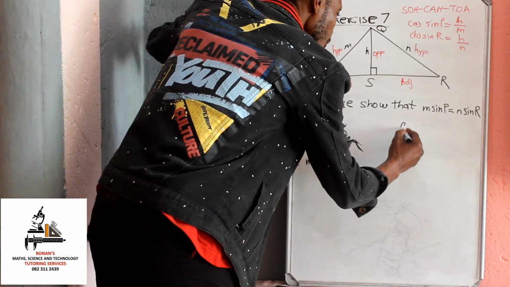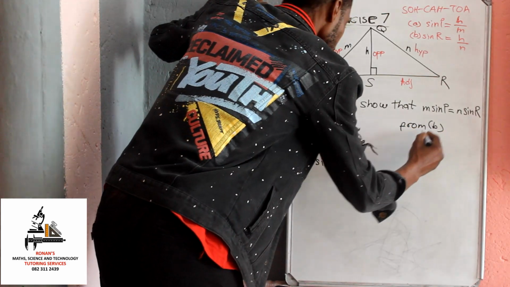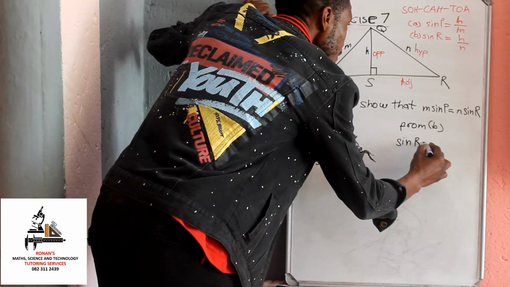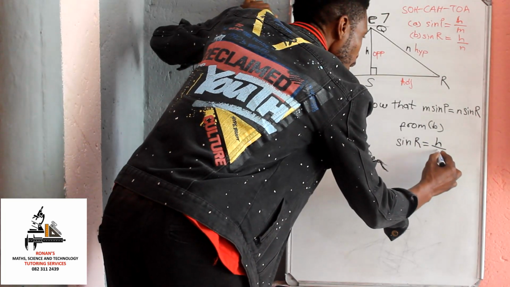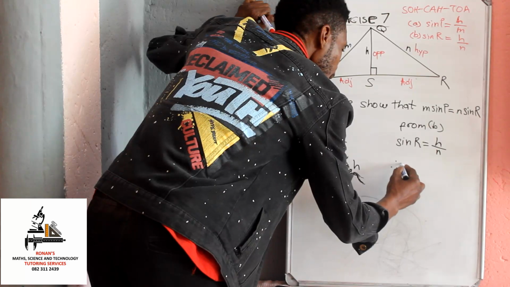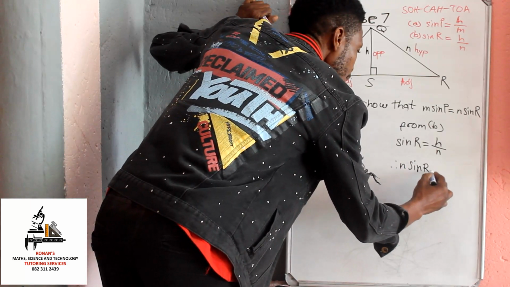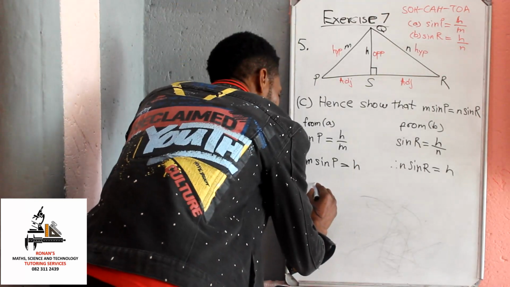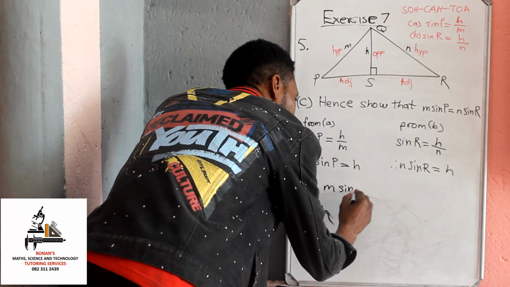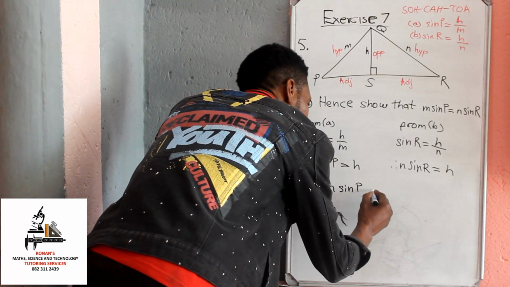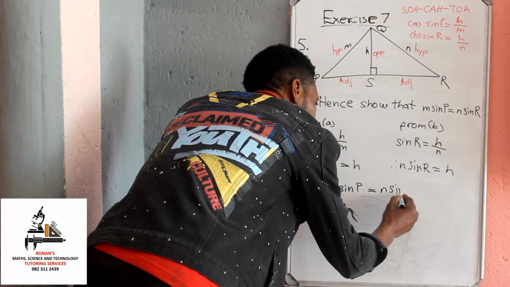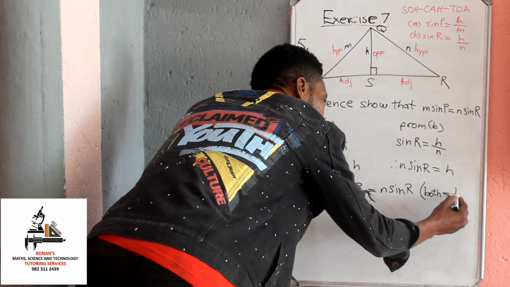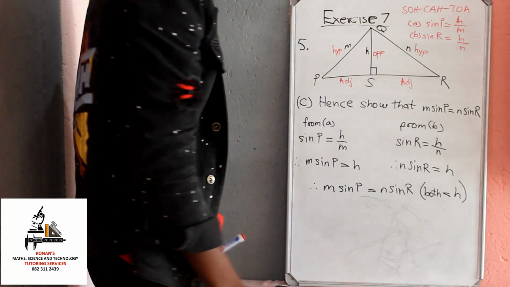Now we go from B, sin R is equal to H over N, therefore N sin R is equal to H. You see, they are both equal to H. Therefore M sin P will be equal to N sin R, both equal H. Okay, you got it.